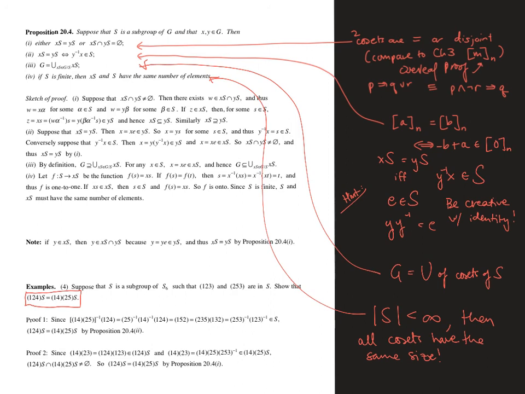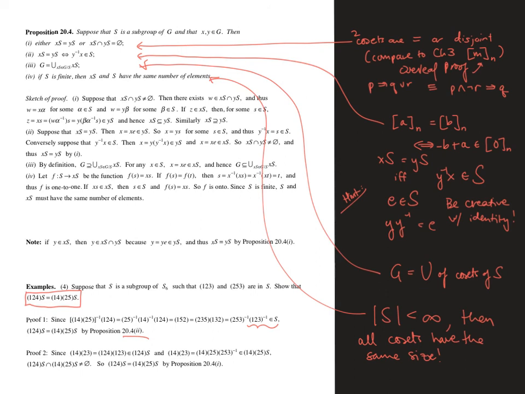One of them uses 20.4 part 2 that says that they're equal if and only if (1 4)(2 5) inverse, the inverse of that permutation, times (1 2 4) is an element of S. Well, their product gives us (2 5 3) inverse times (1 2 3) inverse. Since (1 2 3) and (2 5 3) are both in S, their inverses must be too, and it's closed under multiplication. So this line right here, when we work all of this out, gives us, by Proposition 20.4 part 2, that these cosets must be equal.